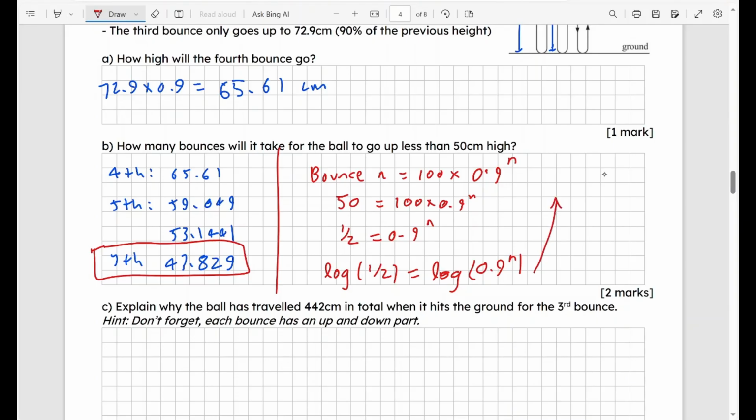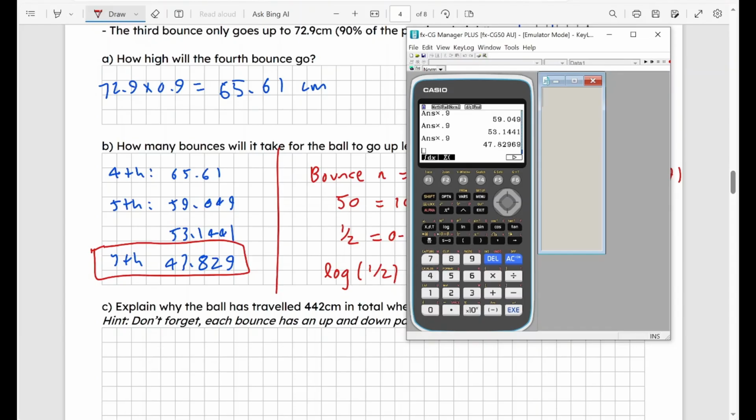Then the n could come out the front. n log 0.9 equals log of a half. Therefore, n is going to be log of a half divided by log of 0.9, which roughly equals, and we'll see what that is.